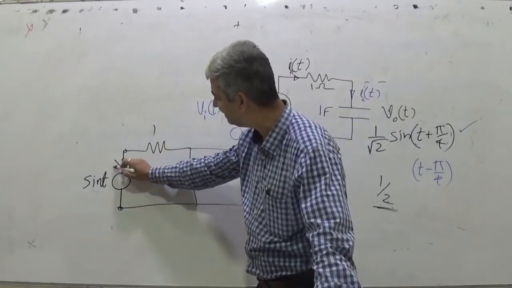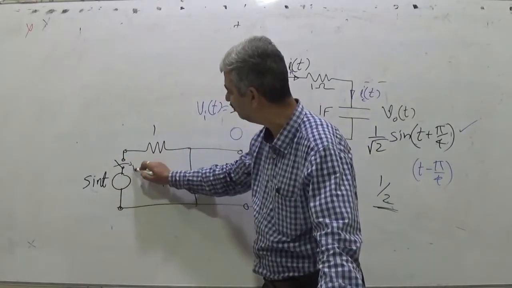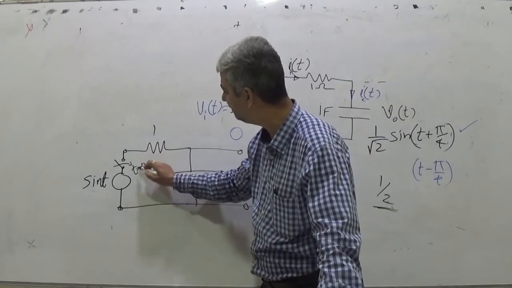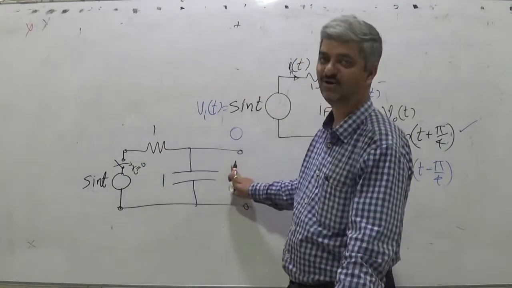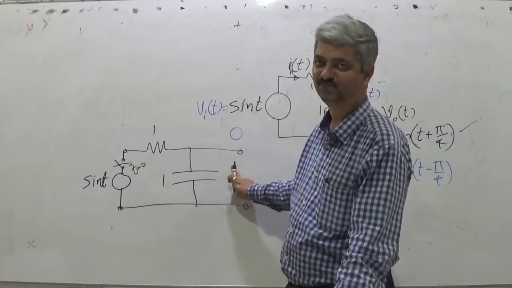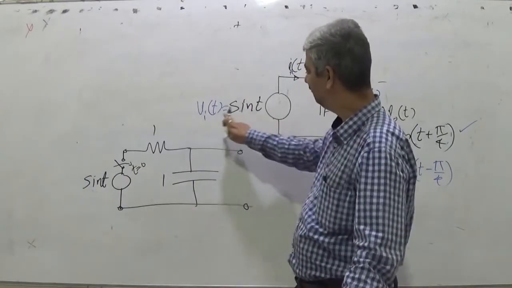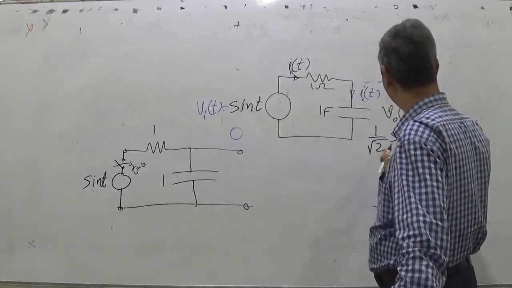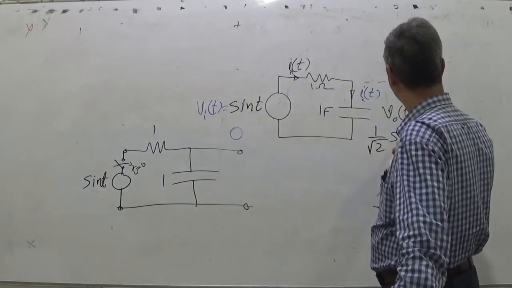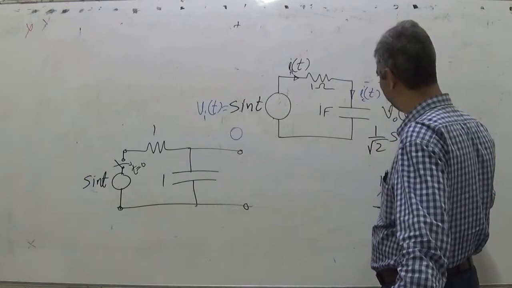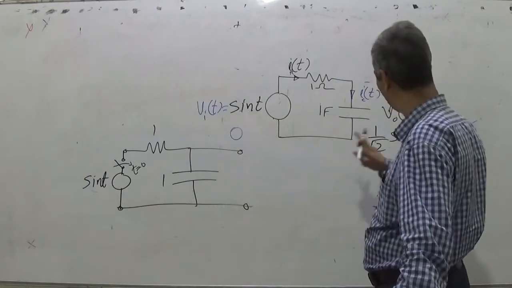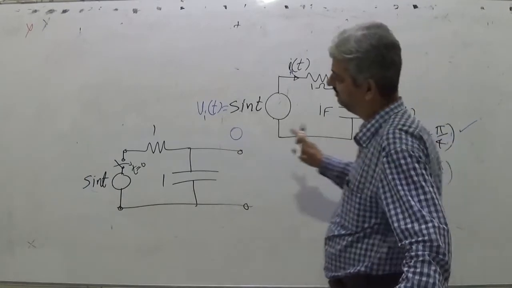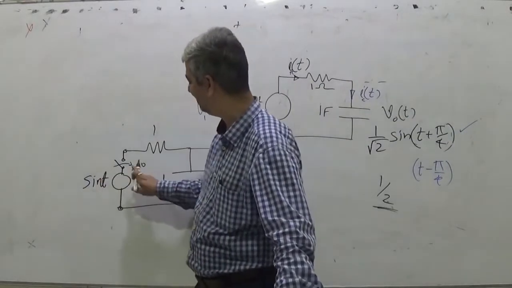And if I connect at t equal to 0, if I make the switch on, what will the output be? Vin is sin t, and Vout is 1 upon root 2 sin t plus pi by 4. At t equal to 0, it is half. Now at t equal to 0, I connect.